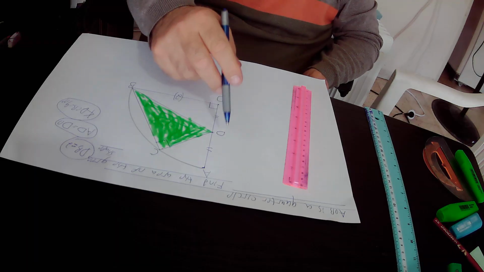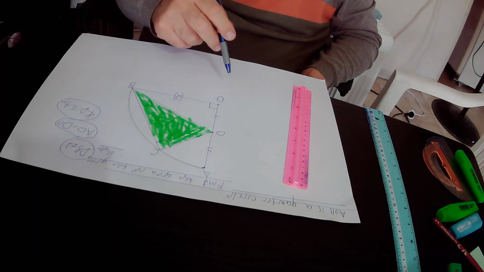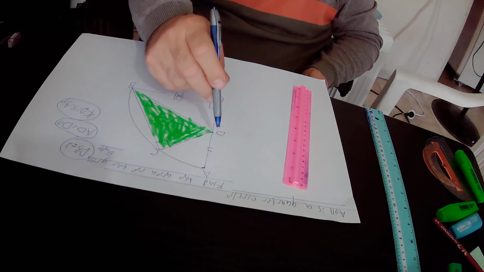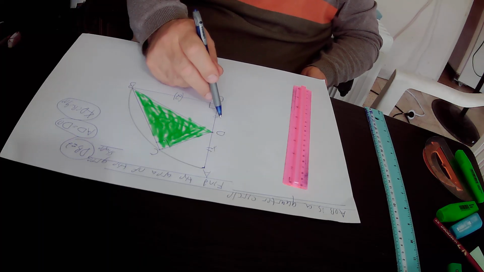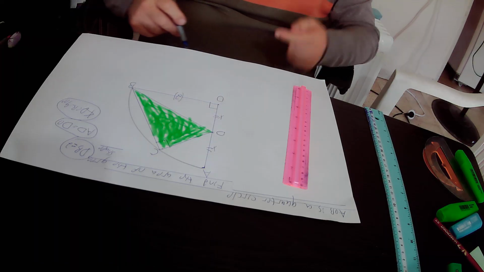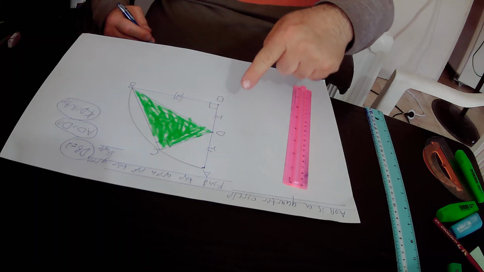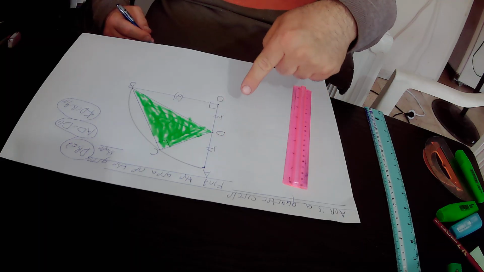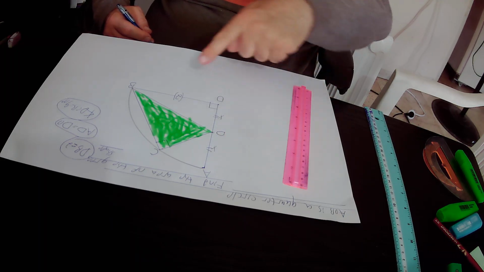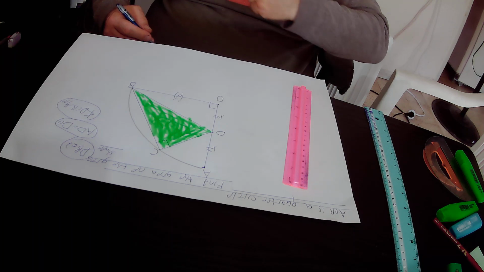We know that AD equals DO. So if we define AD as x, then DO must also equal x because they are equal to each other. So AD plus DO is x plus x. But AD plus DO is AO, and AO equals 2, the radius of the quarter circle.